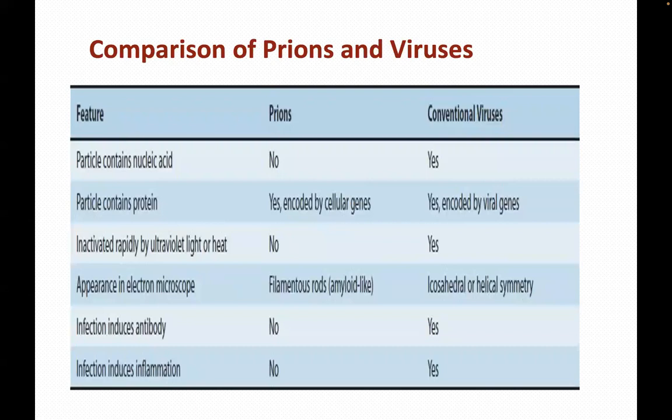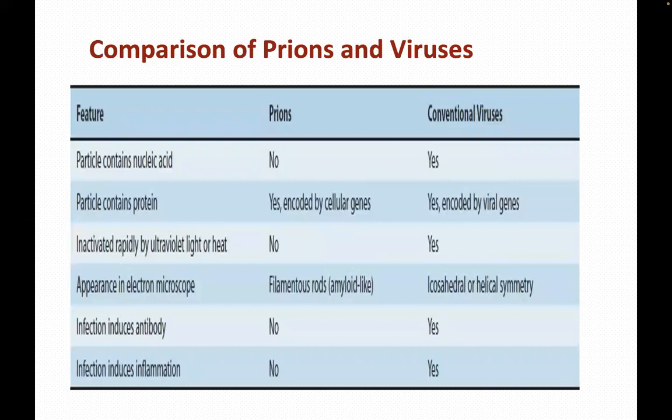Because prions are encoded by cellular genes, normally the body does not mount an immune response to them. So you will not see an antibody against prions if a prion infects a human. But if a virus infects a human, then you can detect antibodies against that specific virus.